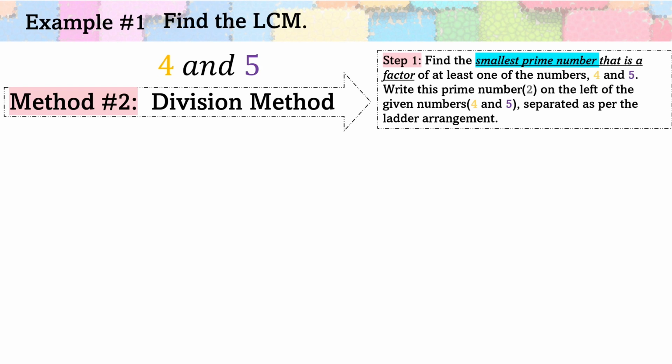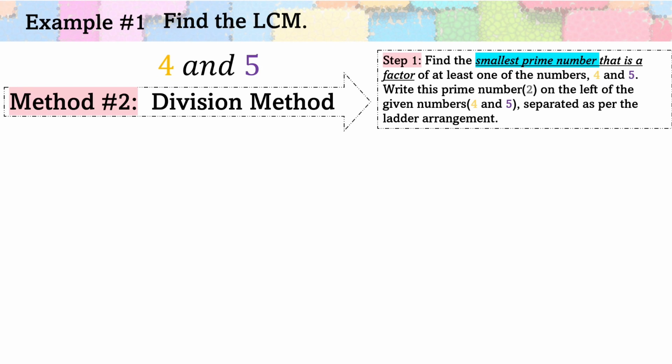Now let us apply the second method, the division method or ladder method. There are 4 steps in applying this method. Let's start with step 1. Find the smallest prime number that is a factor of at least one of the numbers 4 and 5.